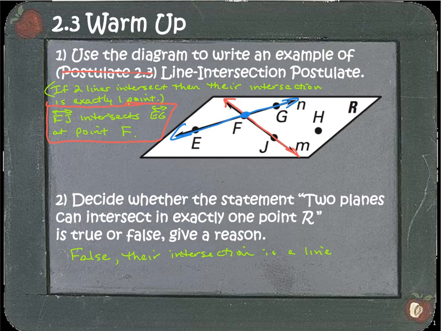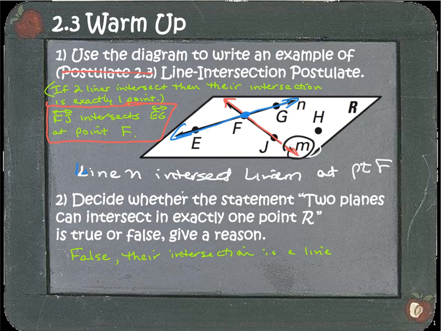So you could have also said, let me do this in white so it shows up, line N intersects line M at point F. Because notice in the little picture here, they've got an M here, which is a lowercase m, and lowercase n is for the blue line. So yes, you can either name it with the 2 points or that lowercase letter. Absolutely.